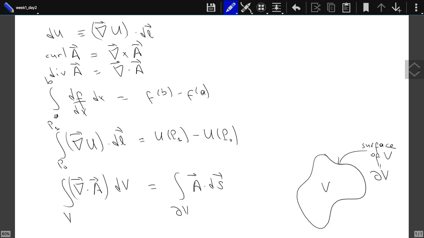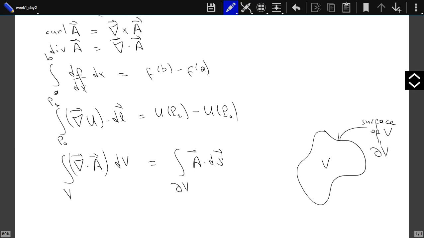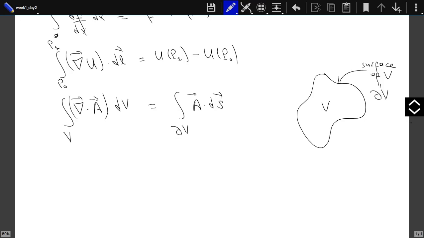Now, if you remember the Gauss law from your first year, we will use this to express the Gauss law. Just take a point charge. We already know that the electric field of a point charge plus Q is radially outward.